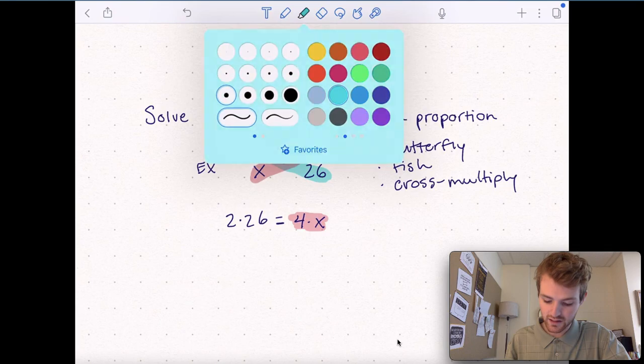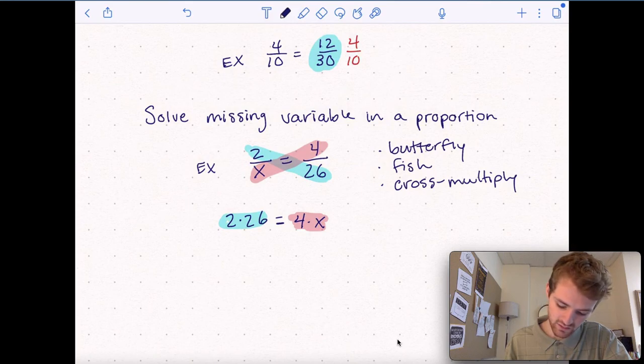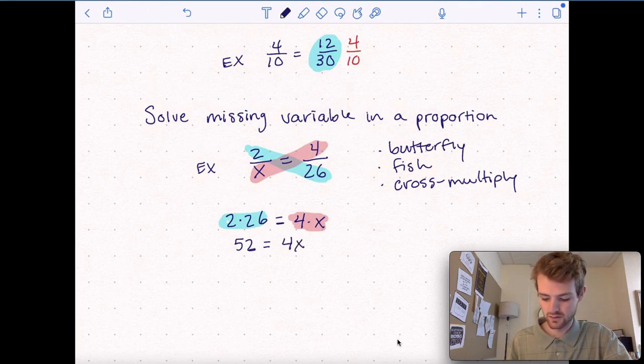And that we'll just take and simplify it to find x. So 2 times 26 is 52 equals 4x. Then we divide by 4, giving us our answer of 13 equals x.